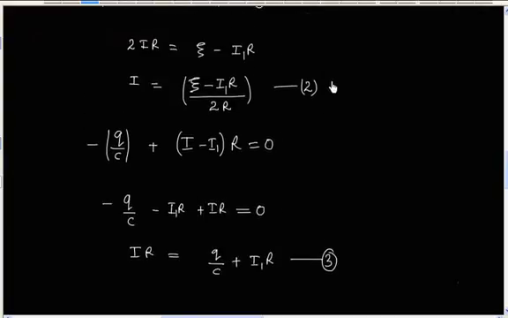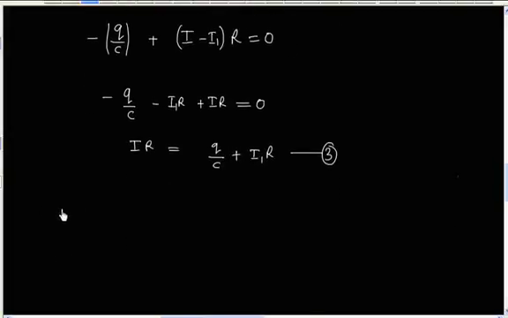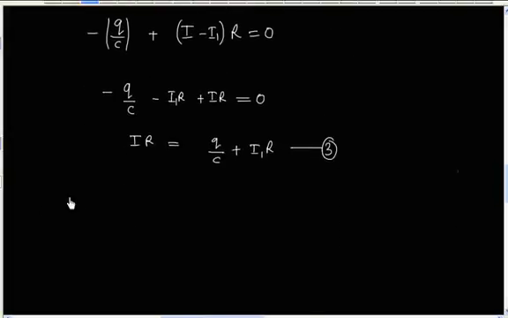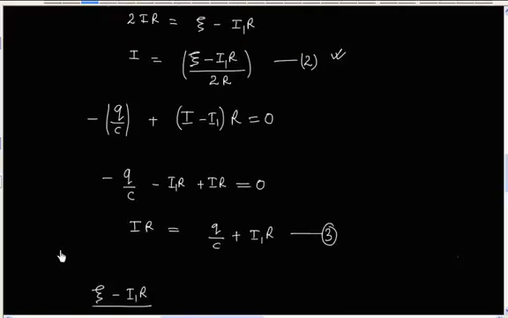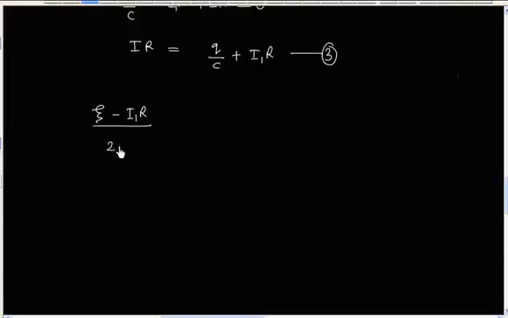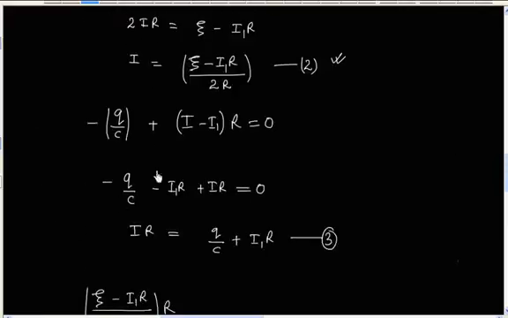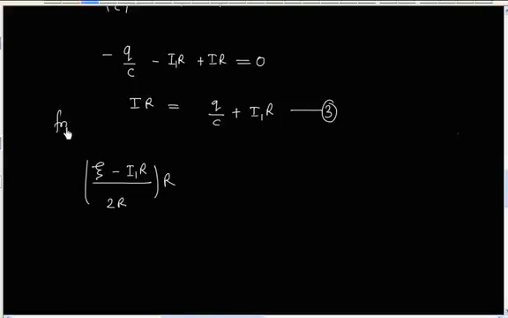Now we can plug the value of I from equation 2. I is nothing but Xi minus I1R, divided by 2R. So what I am doing, I am putting the value of I from equation 2 in equation 3.